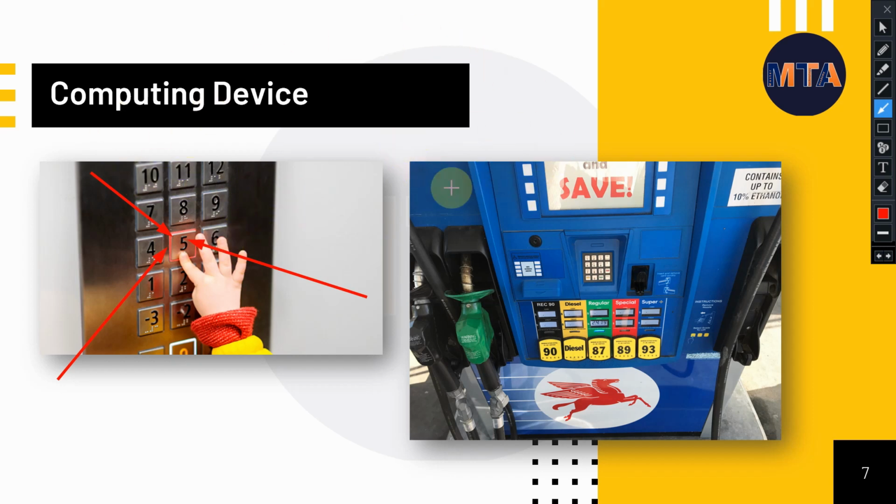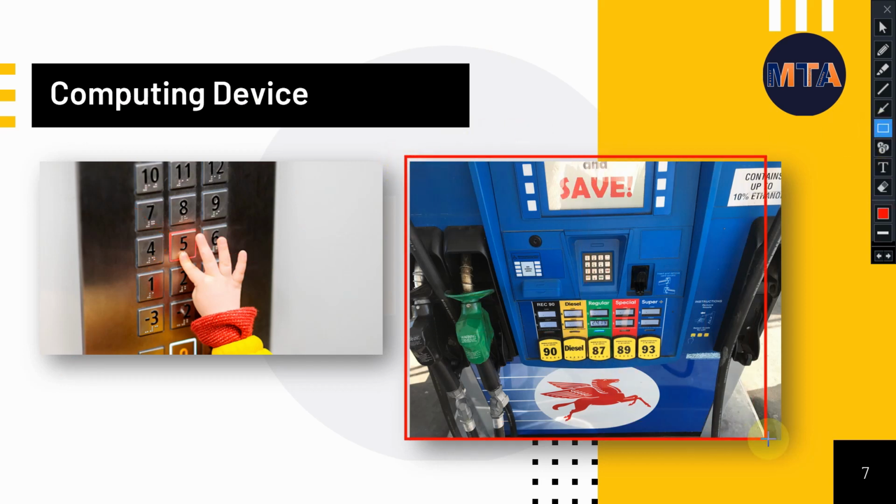Meanwhile here we have the next example, called a pump station. A good example for this one is the customer asking for $100 or $50 of oil, and the person responsible for this job will put in the oil according to the payment you are going to pay.